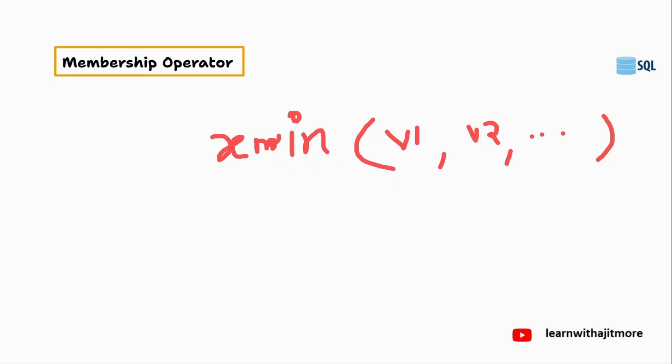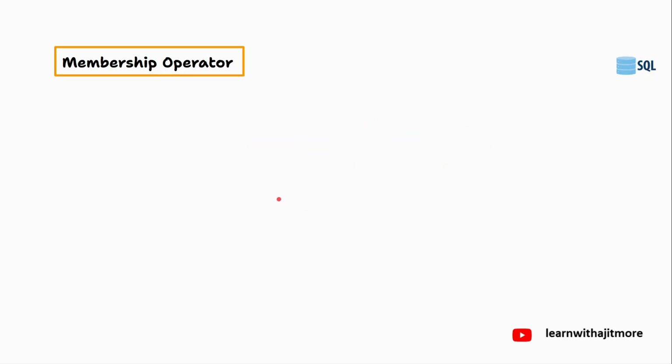Not space in. So X not in this list. If X is not in this list, true, otherwise false. So that is the membership operator, I hope you got it. It is just to check whether a value is present in some list of values.